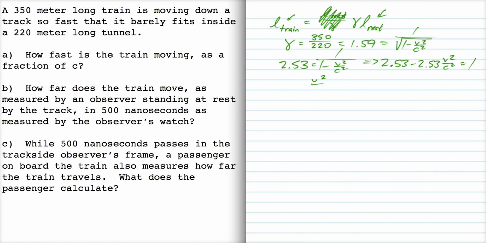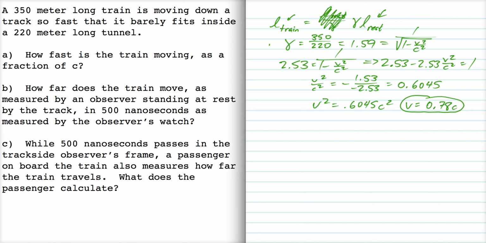So v squared over c squared is equal to negative 1.53 over negative 2.53, which is 0.6045. So v squared is equal to 0.6045 c squared. So v is 0.78 c. So we're going 78% of the speed of light here in part A.